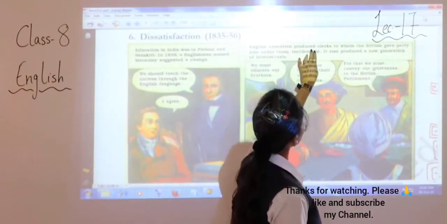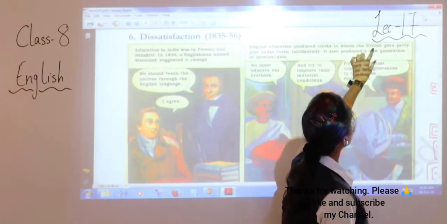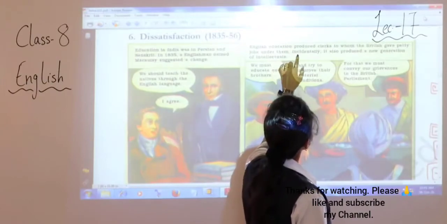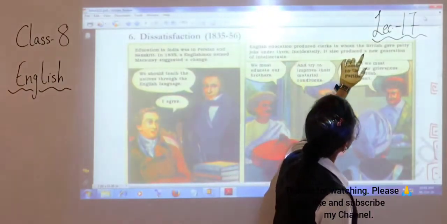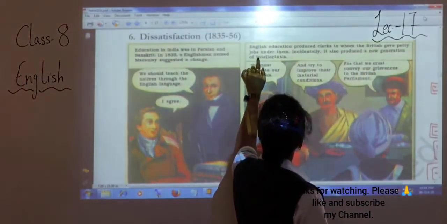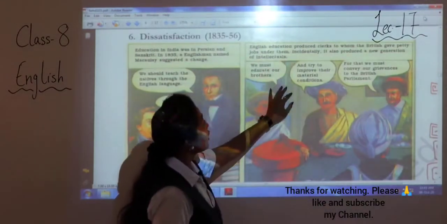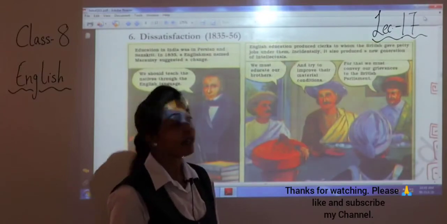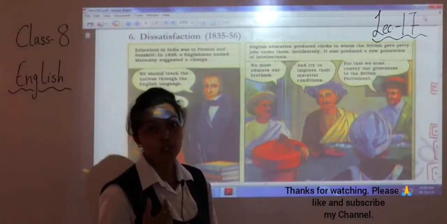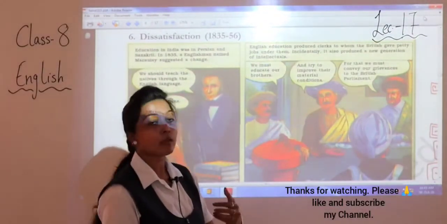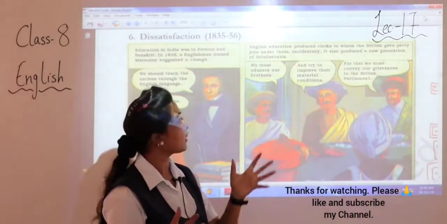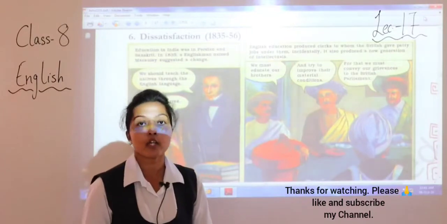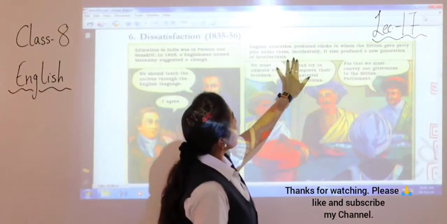English education produced clerks to whom the British gave petty jobs under them. Incidentally, it also produced a new generation of intellectuals. So as education started in the English language, people got jobs like clerks, which were given under the Britishers.